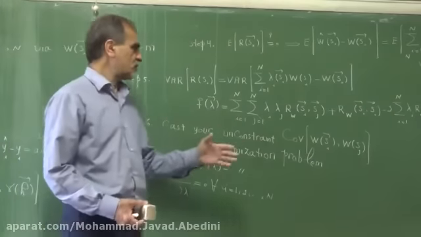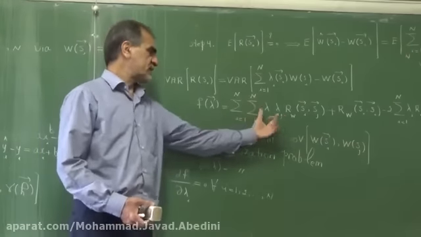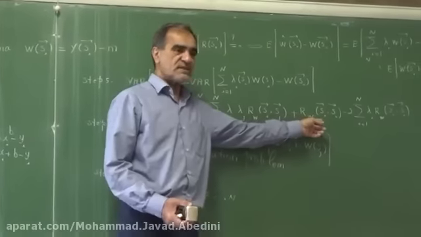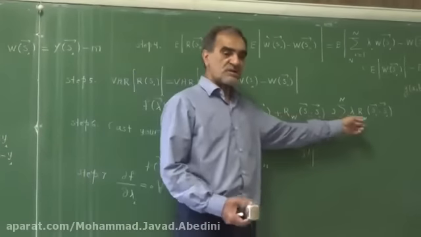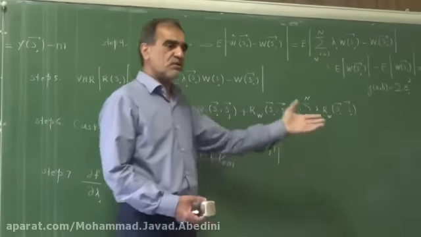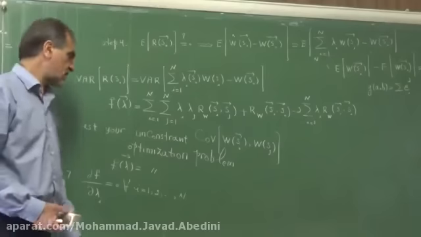Now, once again, you will realize that you have to take partial derivative of the first term with respect to lambda I, partial derivative of this with respect to lambda I, and then partial derivative of this with respect to lambda I. Put it equal to 0, and then I has to go from 1 to n.